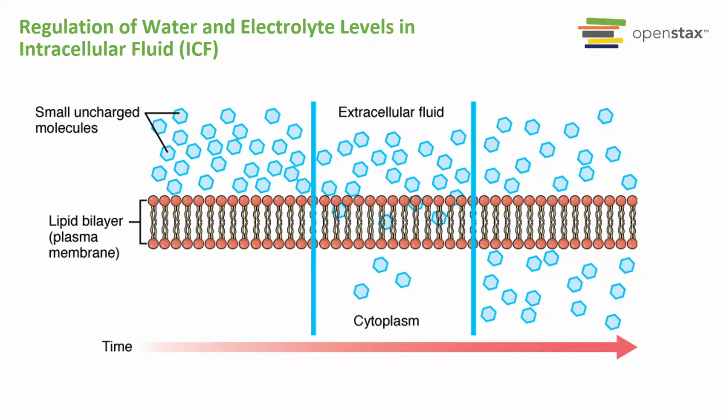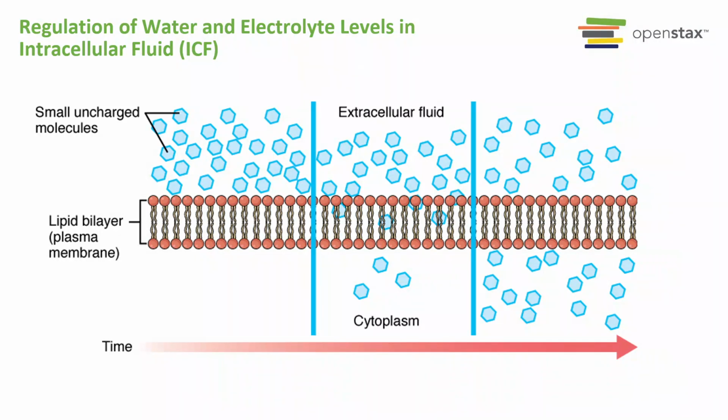Regulation is controlled mainly by mechanisms that regulate the movement of solutes in water between the extracellular fluid and the intracellular fluid. Notably, on the screen you can see the lipid bilayer, also known as a plasma membrane, and that's what separates the intracellular fluid and the extracellular fluid compartments, and thereby can regulate their fluid composition.